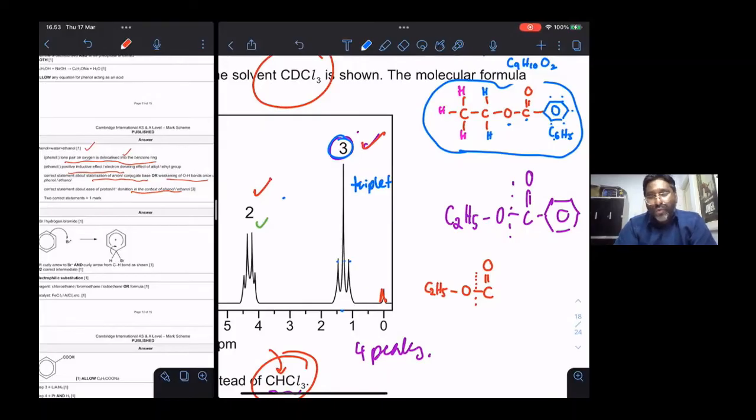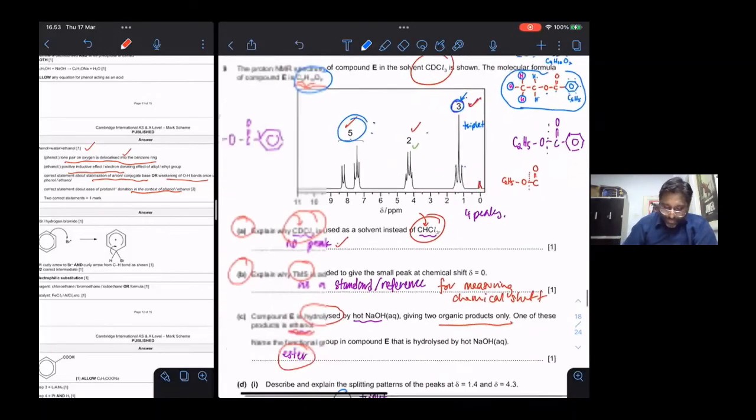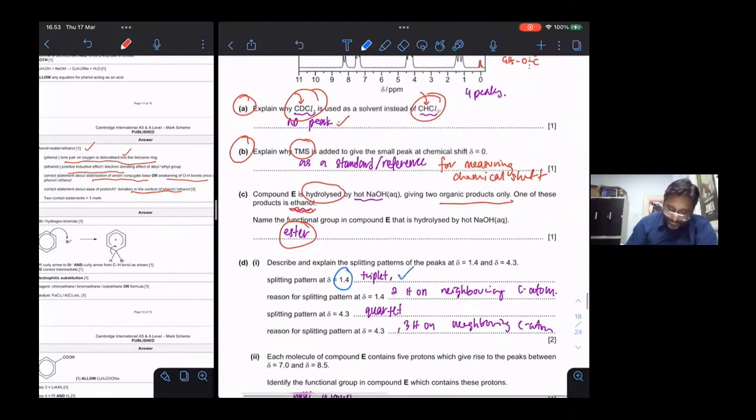So I can see this is 3, it means 3 same environment. So most likely they are going to represent this hydrogen, and the neighboring has 2, which is going to explain the triplet. So that is going to be the answer, triplet.